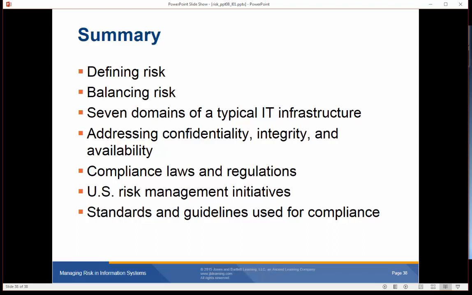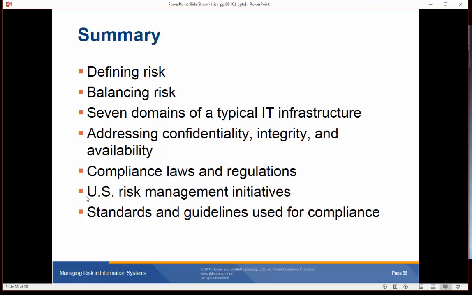So we've addressed confidentiality, integrity, and availability. Any information security professional will need to know this. I know the 3 simple definitions, but that's what all of information security is based on. It's protecting the confidentiality, integrity, and availability of the organization and the data. So we talked about the compliance laws and regulations.